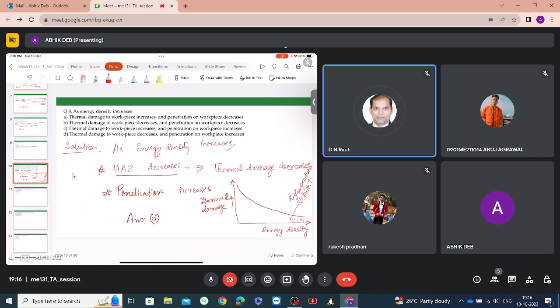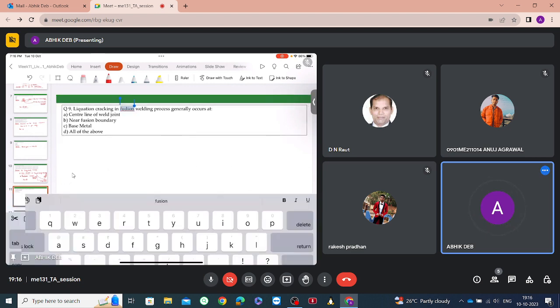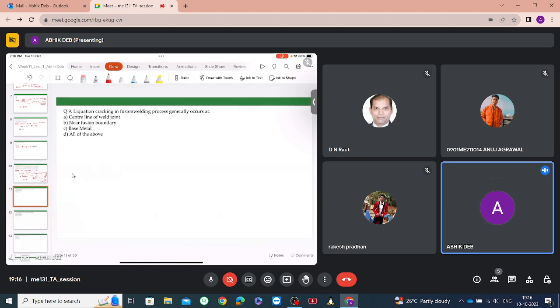Okay, so coming to the next problem: liquation cracking in fusion welding process generally occurs at which of these?